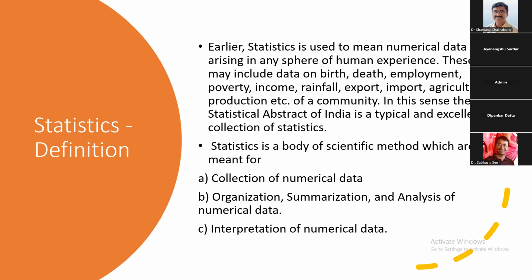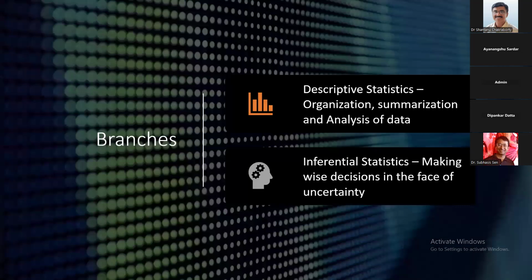There are two branches of statistics: one is descriptive statistics, another is inferential statistics. Mainly today I'll show you some descriptive statistics and some inferential part. And I will try my level best to show the predictive model.